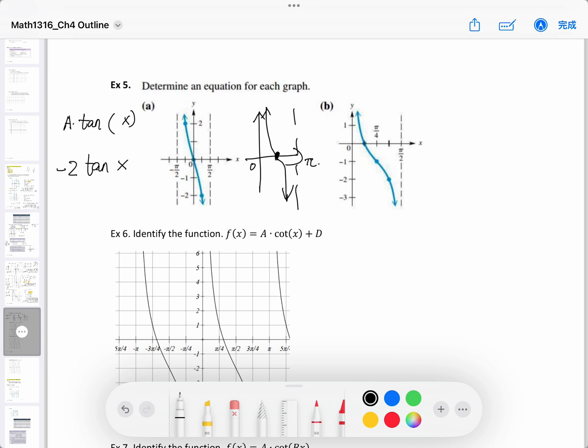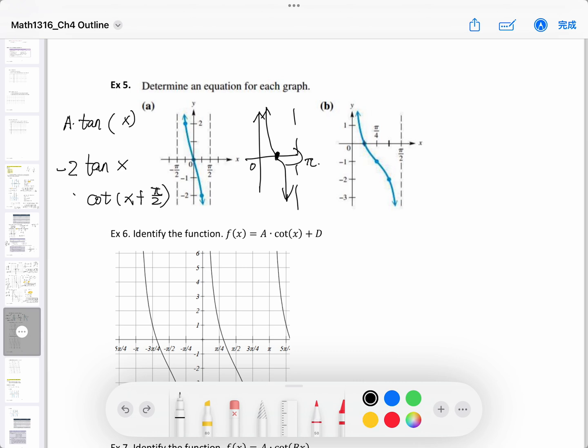Okay, I can also say this is a cotangent of x plus pi over 2, because I'm moving to the left. So x must be plus pi over 2. And there is no reflection because they all have the going down behavior.